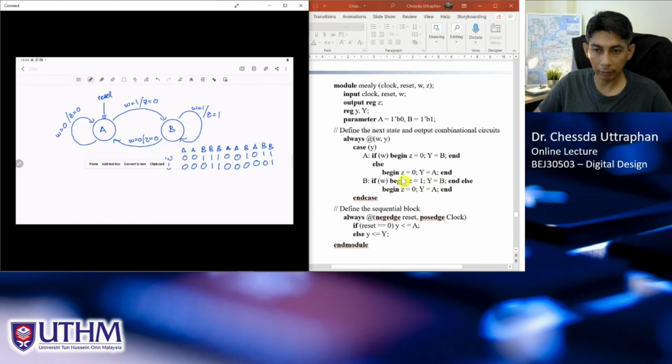That's why we put B here. And else, if W equal to 0, so Z should be equal to 0, and the next state should be equal to A. Done.